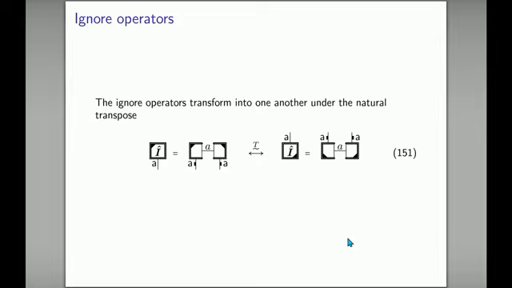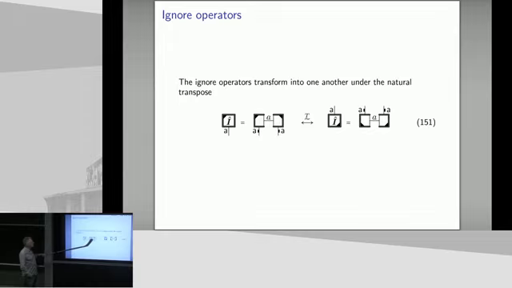And now the ignore operators transform into one another, because the ignore operator is just this, because you've got these gammas which give you the right normalization. If you hit this with this, you just get 1 because of the normalization. And if you want to perform the natural transpose, you just rotate it because the compositional structure is preserved, and you get that.